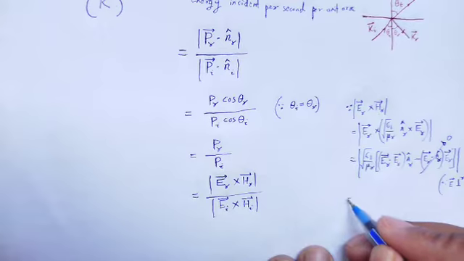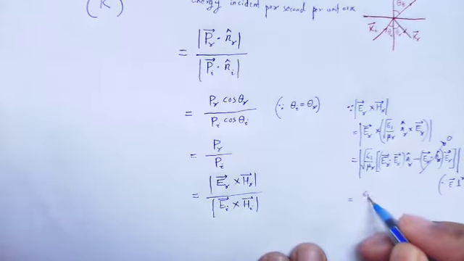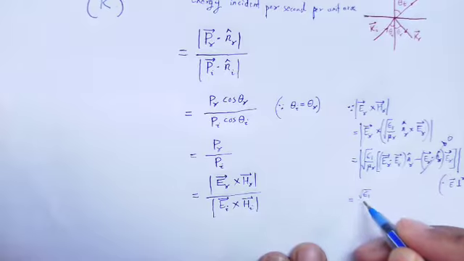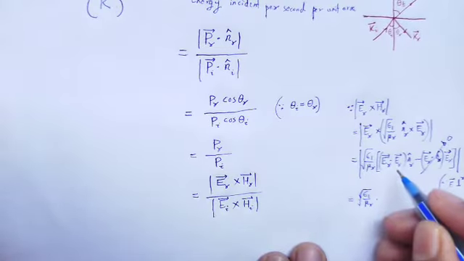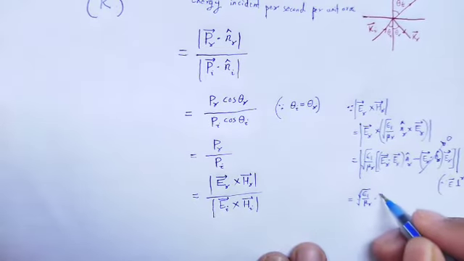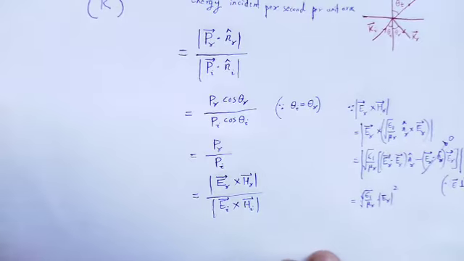Therefore, we obtained only the term epsilon 1 by mu r under root, E r dot E r, magnitude of E r square.